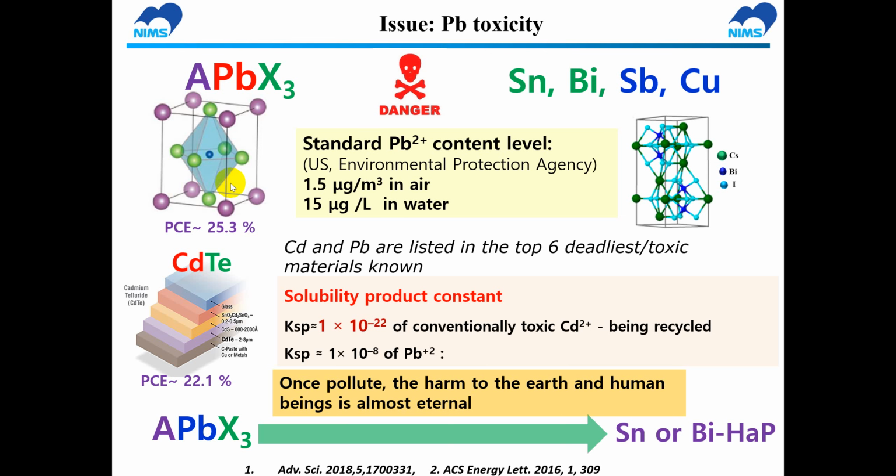And if we want to commercialize it, we have to think about replacement of lead in lead halide perovskite solar cell. So there are some candidates: tin based perovskites, bismuth, or other types of solar cell material.